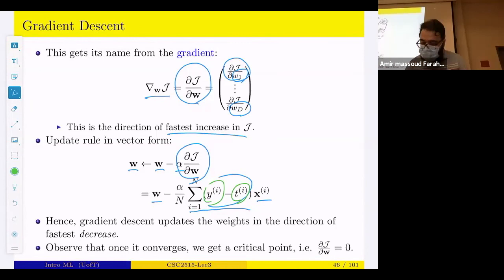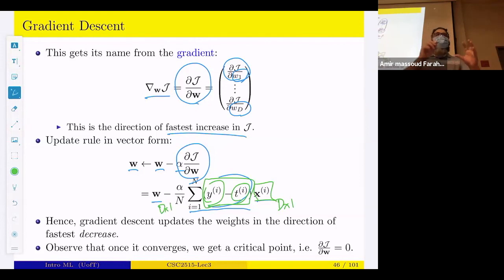So this whole thing should be a scalar. But xi is a vector that is d by 1. And W was also d by 1. So it's a d-dimensional vector.